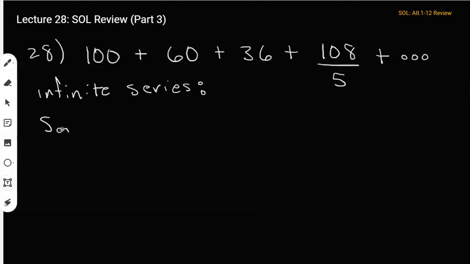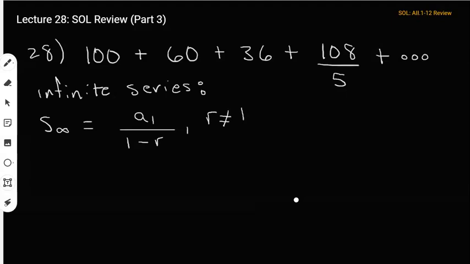Well, first of all, you need to remember the infinite series formula, right? S infinity, that's an infinite sum. It's going to be equal to A1 divided by 1 minus R, where R cannot be equal to 1, right?